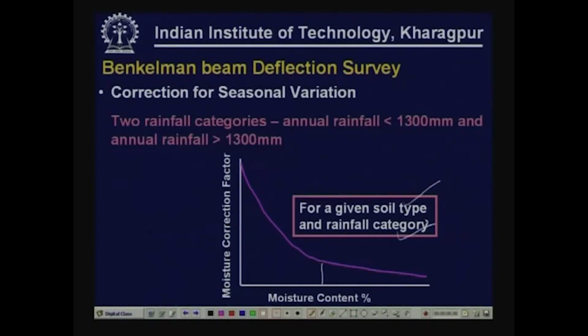Two rainfall categories are considered: less than 1300 millimeter annual rainfall, and greater than 1300 millimeter annual rainfall. For either of these two categories and for different types of soils, a series of charts are available. So, for a given soil type, rainfall category, and the measured field moisture content, the moisture correction factor can be obtained.